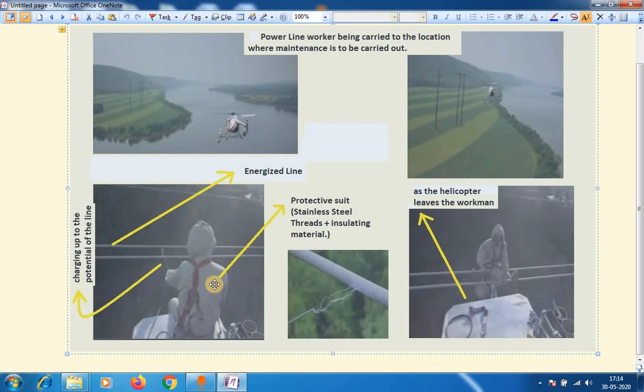Now remember, realize this concept that although this suit is conductive, it has got sufficient resistance as well. So in this design, the suit is made up of stainless steel threads and insulating material.